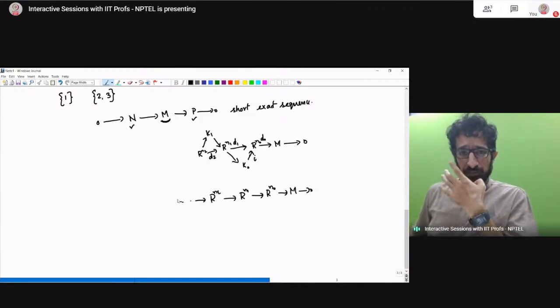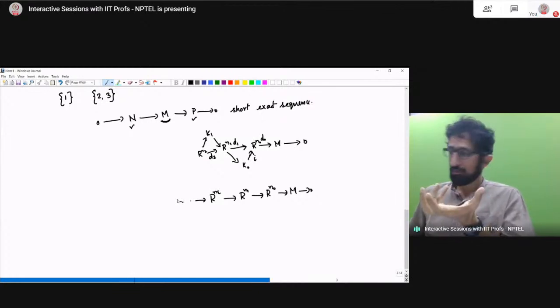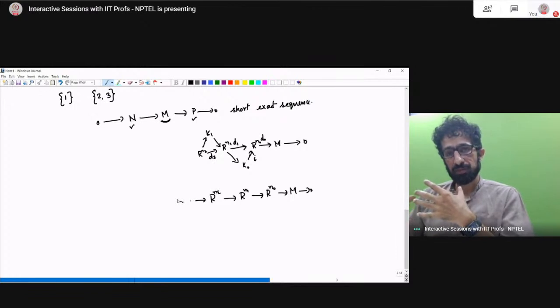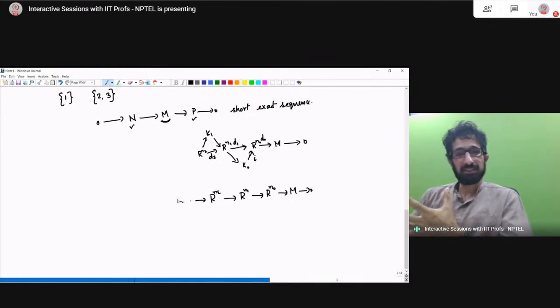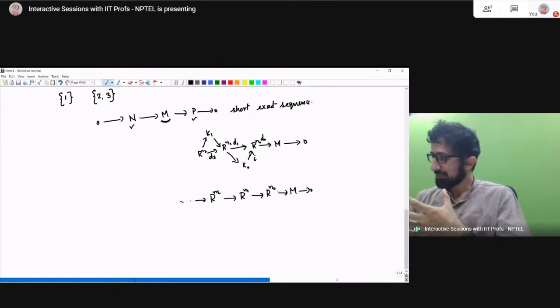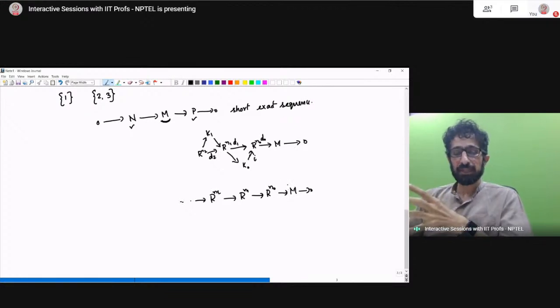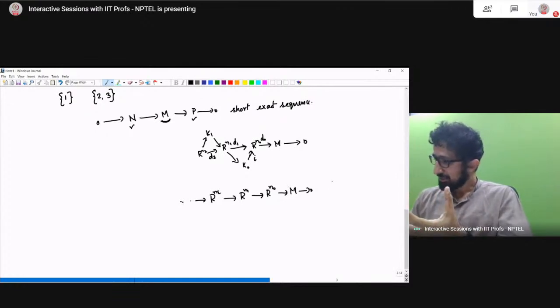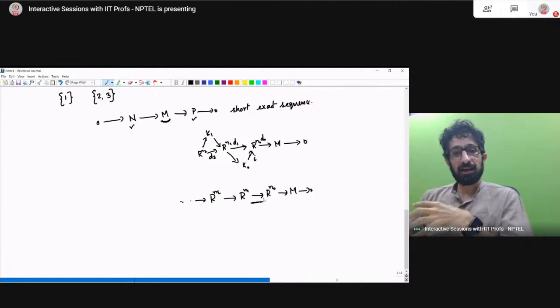A lot of properties of M can be read off, because basically this sequence resolves M. This map tells you how complicated the relations are among the generators of M, and then this map tells you how complicated the relations among the relations are, and so on.